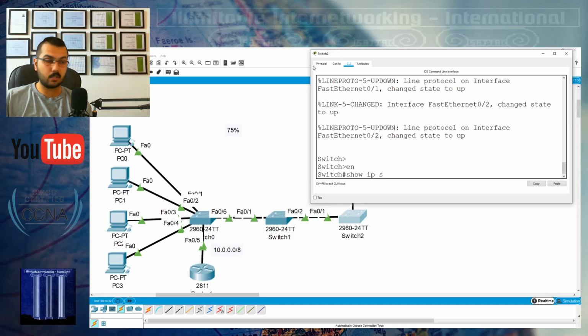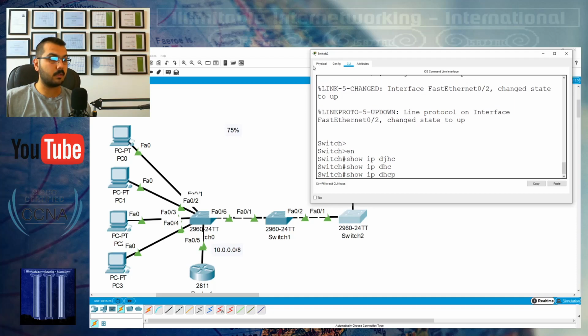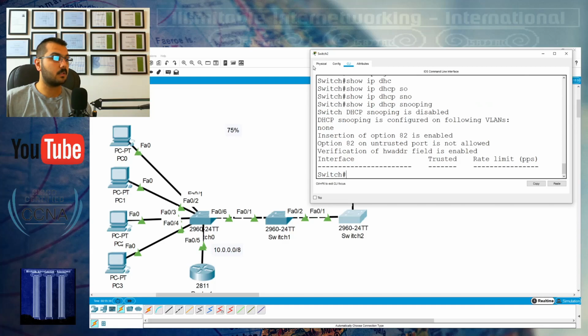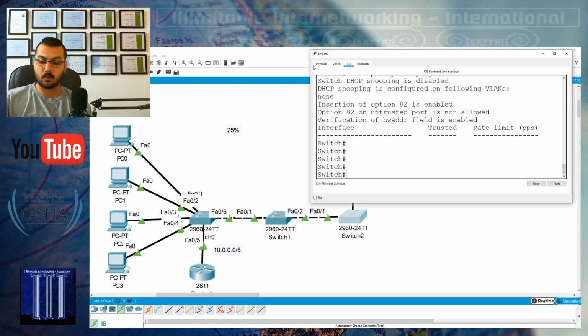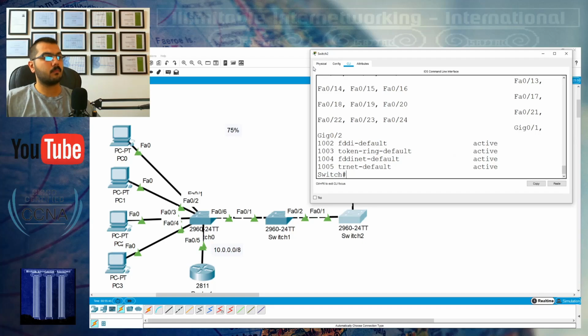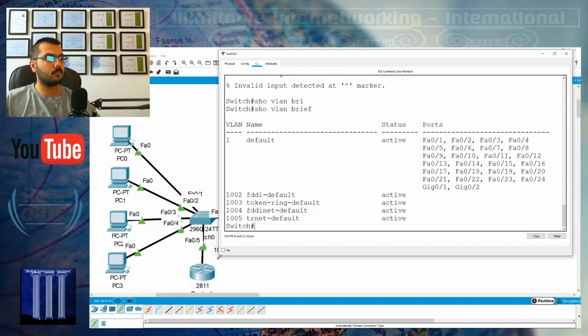Like if I say show IP DHCP snooping in here, you see. Show VLAN brief. VLAN 1 and all the ports are under VLAN 1. I have no problem at all.